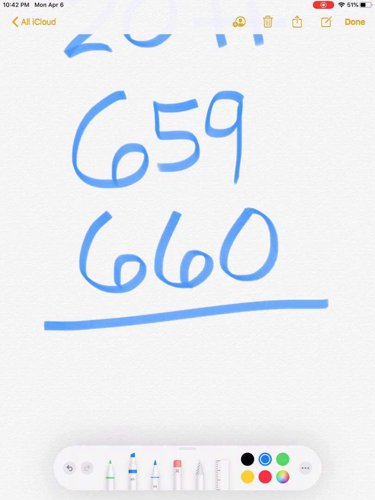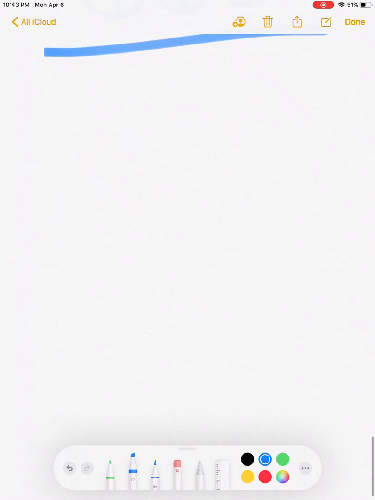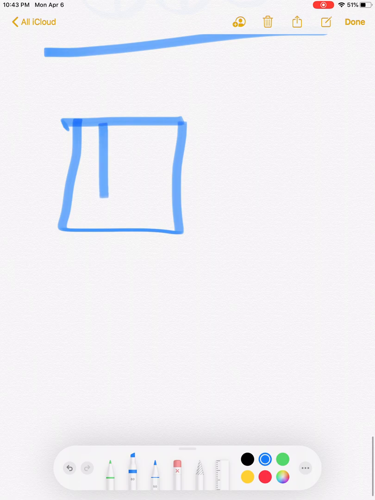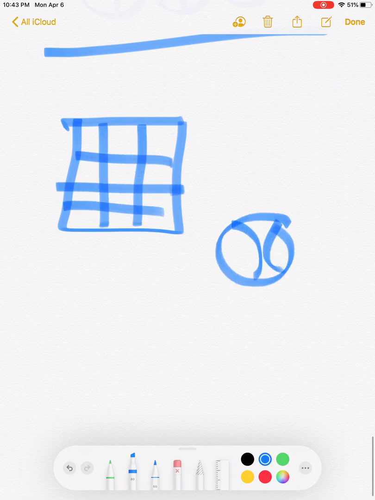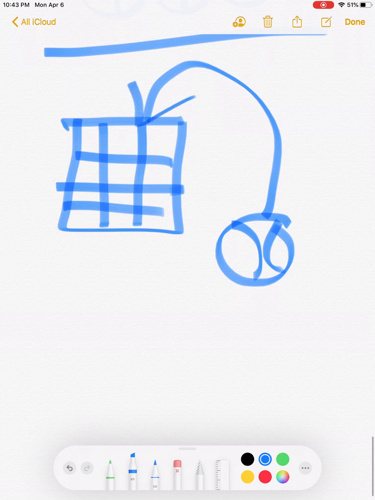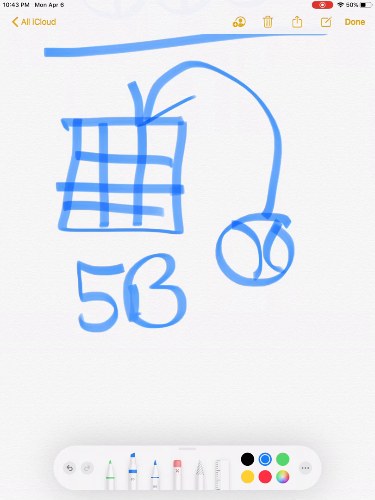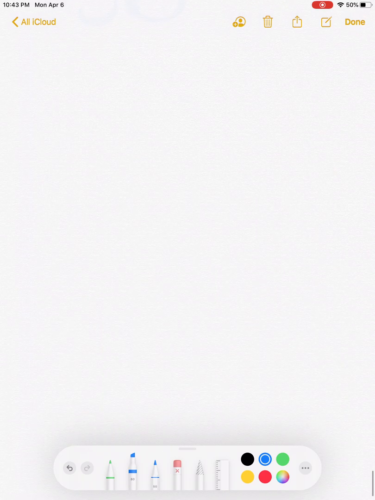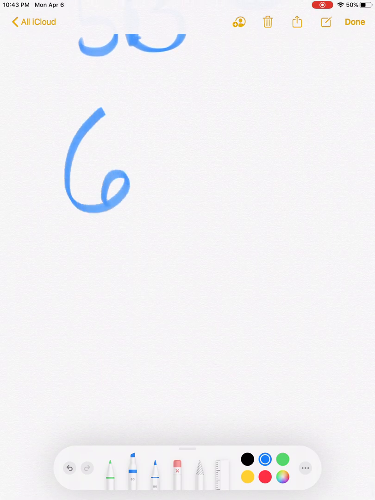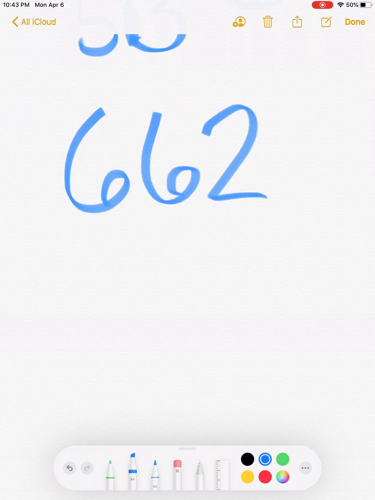Do some thinking. When you finish that, maybe you could go outside and shoot a basket. Yeah, just like you would in 5B. After you shoot the basket, work on page 662.